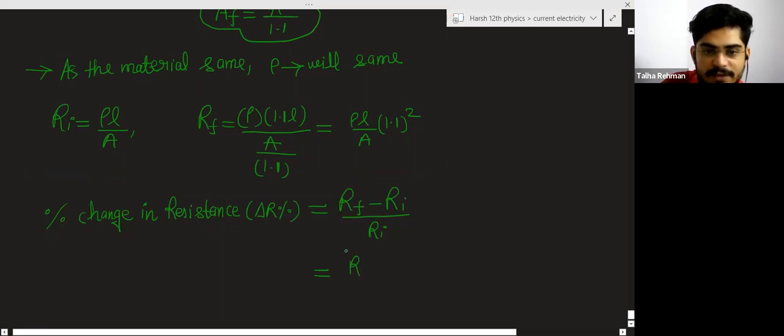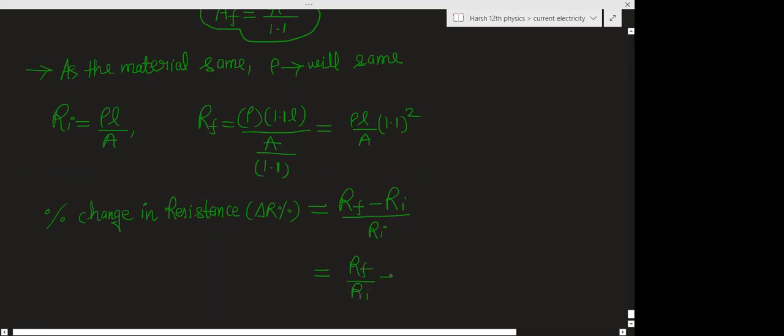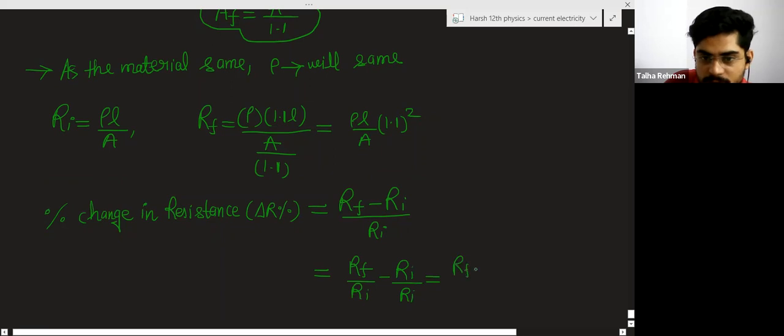Now you can put the value here. What is the value of final resistance? You can do one thing more here. Divide by R initial, and this will become Rf by Ri minus 1, which is 1.1 whole squared minus 1, and you will multiply this by 100.